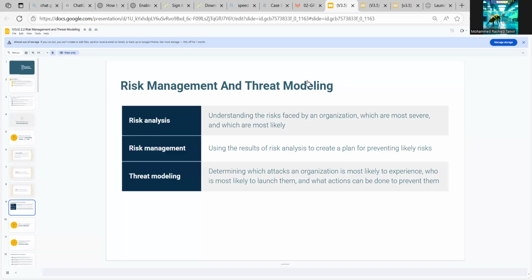Then threat modeling determines which attacks an organization is most likely to experience, who is most likely to launch them, and what can be done to stop them. So this is threat modeling.